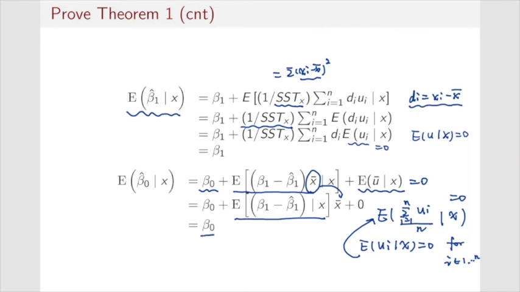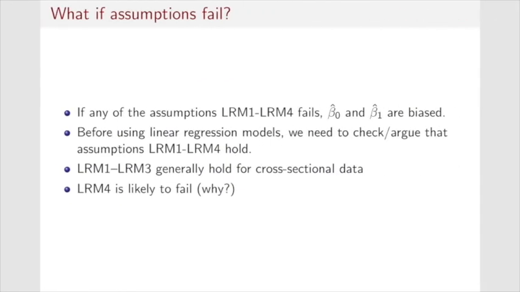Then we only have beta 0 left. So conditional on x, the expectation of beta 0 hat is also equal to beta 0. These two prove the unbiasedness of OLS estimators.